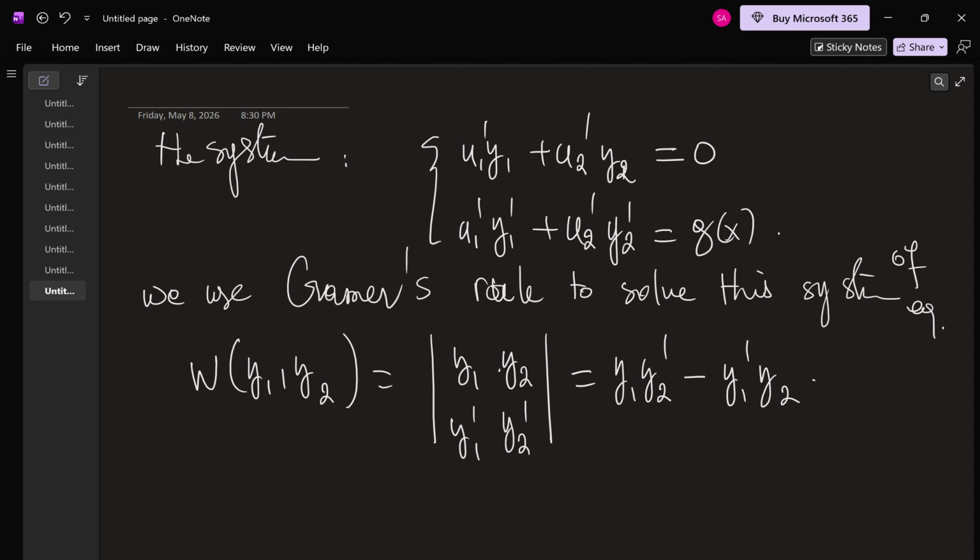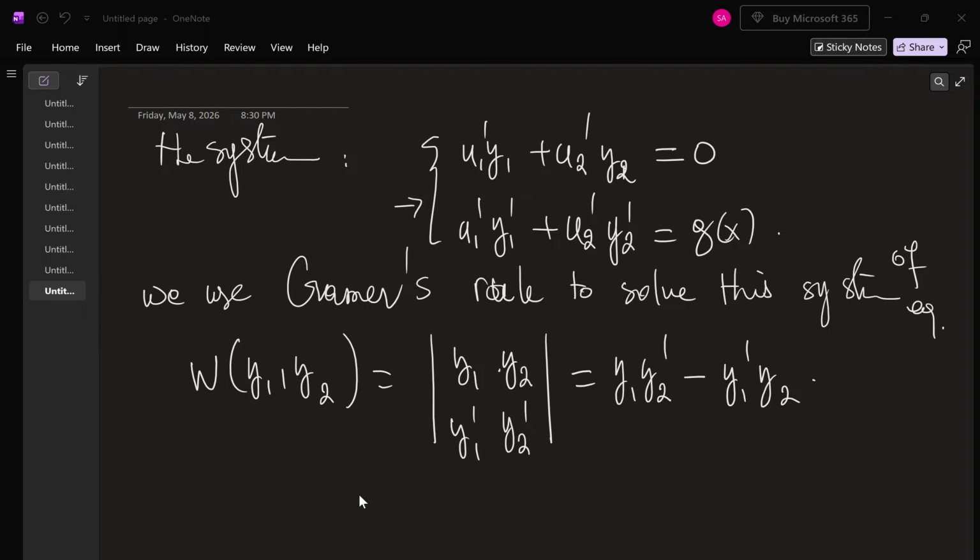We need it now, and the derivatives of our functions are then, so we use our Kramer's rule. So remember, the system of equations now is equal to something like this. Do you study matrices in algebra?